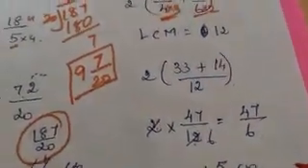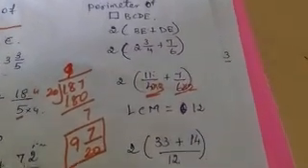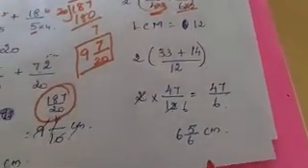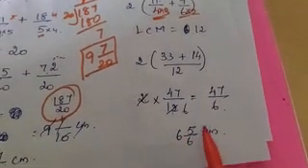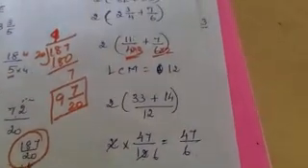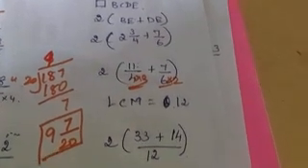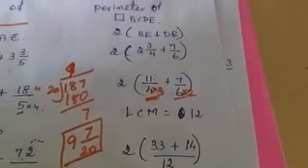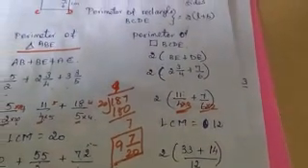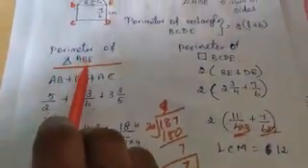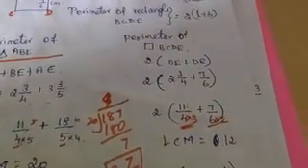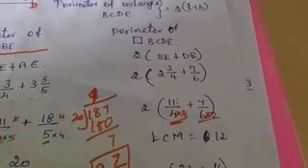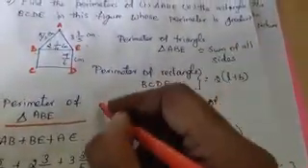The question is: whose perimeter is greater? So here it is 9, 7 by 20, or if you convert the other into a mixed fraction, 6, 5 by 6. Whose perimeter is greater? It's very simple. You will have to convert these again to like fractions. If you find the perimeter, then the perimeter of the triangle will be greater, because it is 187 by 20 and this is 47 by 6.